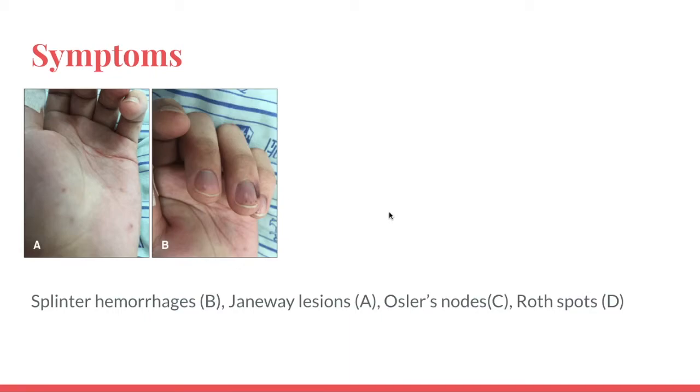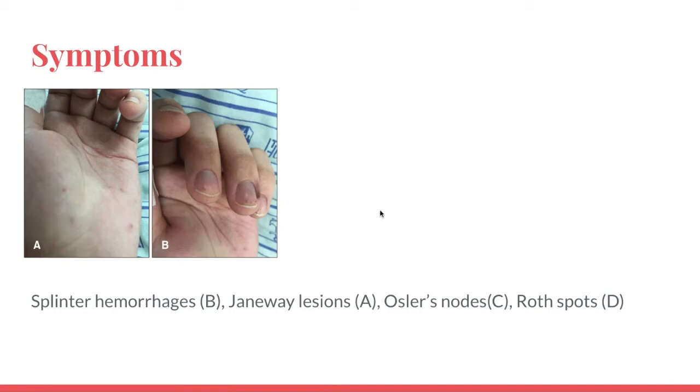Splinter hemorrhages and Janeway lesions are caused by parts of the vegetation breaking off and entering into the bloodstream, becoming what's called a septic embolus. Septic refers to the fact that it's bacterial in nature, and embolus means that it's a chunk of something floating through the blood.